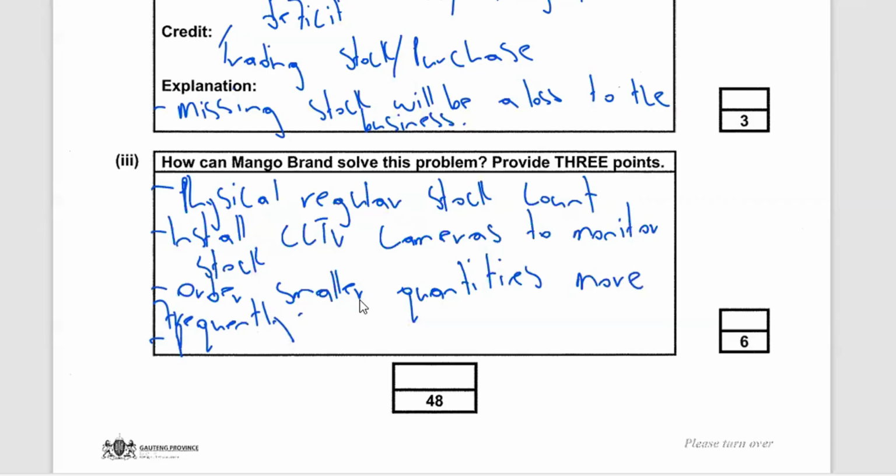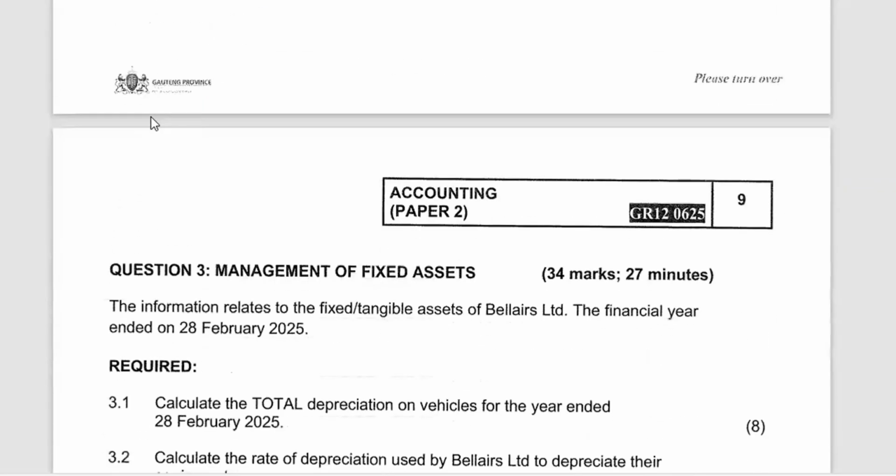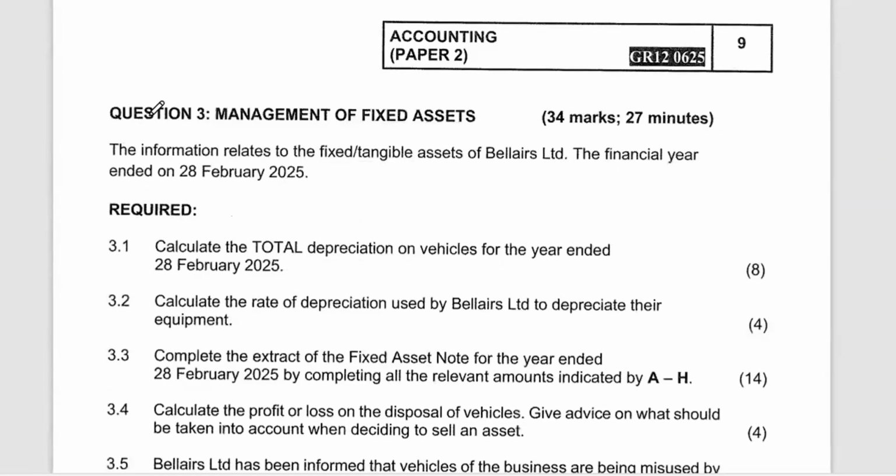We can also say rotation of duties, or separation of duties. So we are done with our question 2. Now we can move to question 3.